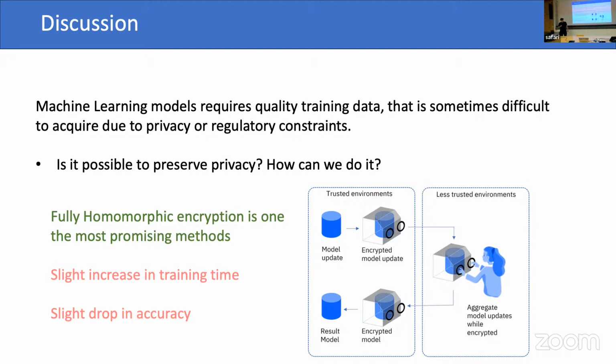So it is a good choice, but it has a bit of downsides. The first one, we have a slight increase in training time and a slight drop in accuracy. Slight drop, I mean like 5%, it's not a lot, but still a bit. And also a bit of overhead when encrypting and decrypting data.